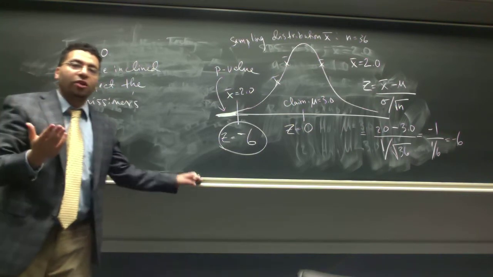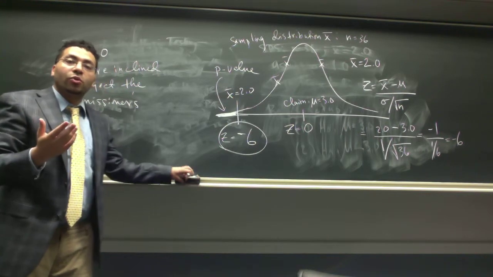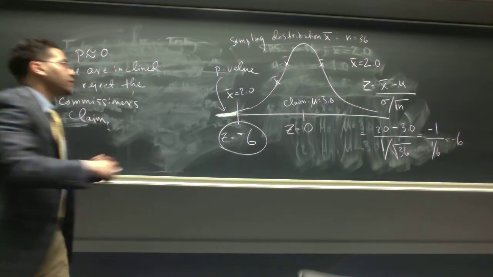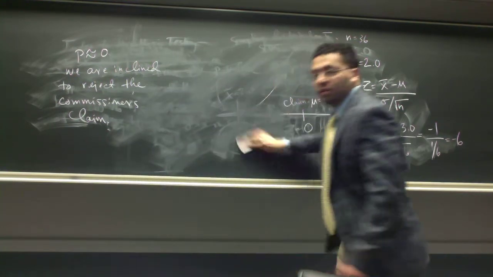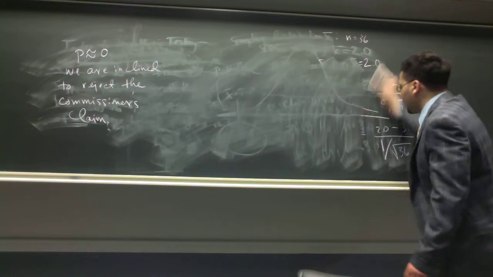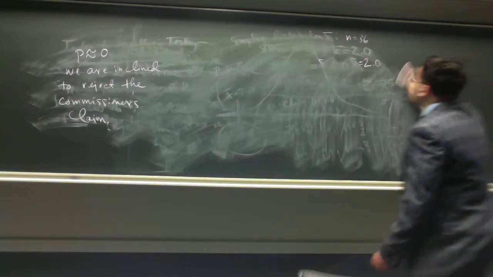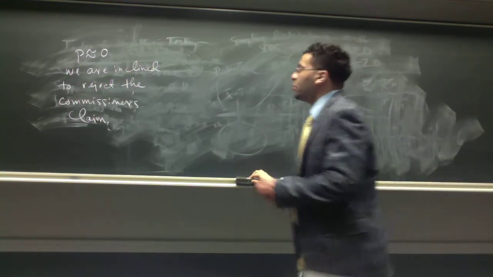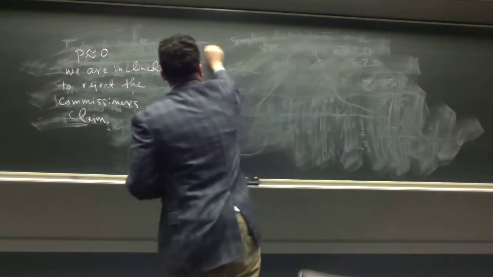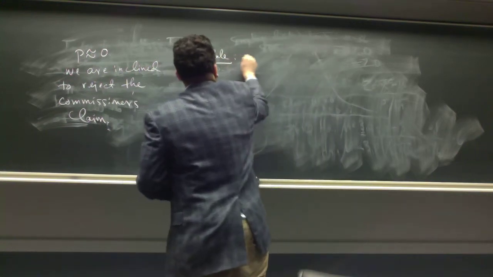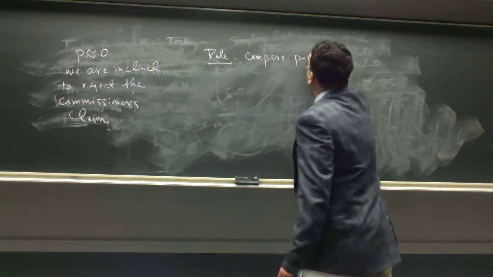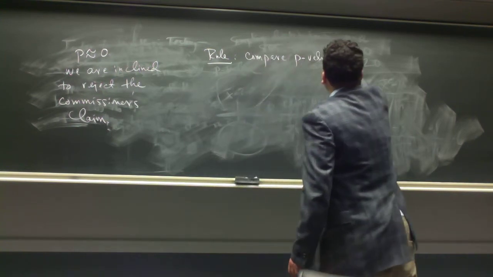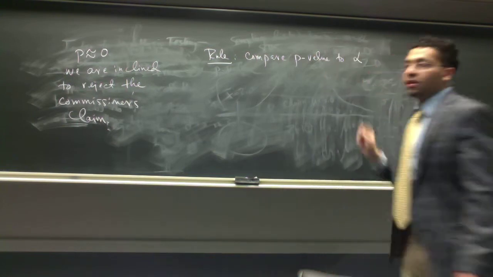Now, there's a hard and fast rule for determining whether we reject or fail to reject a claim. And this is where the significance level comes into play. The rule is we compare the p-value to alpha, the significance level.